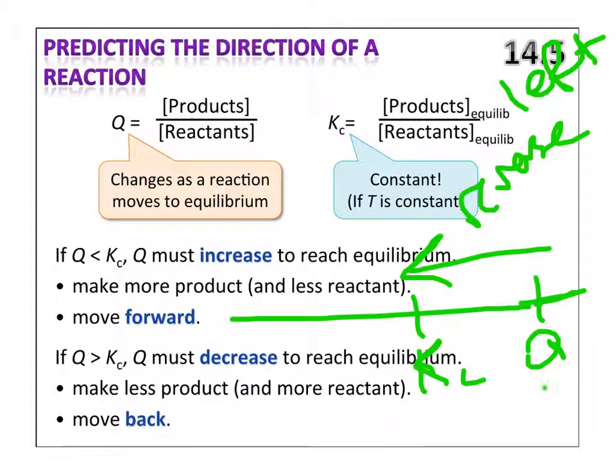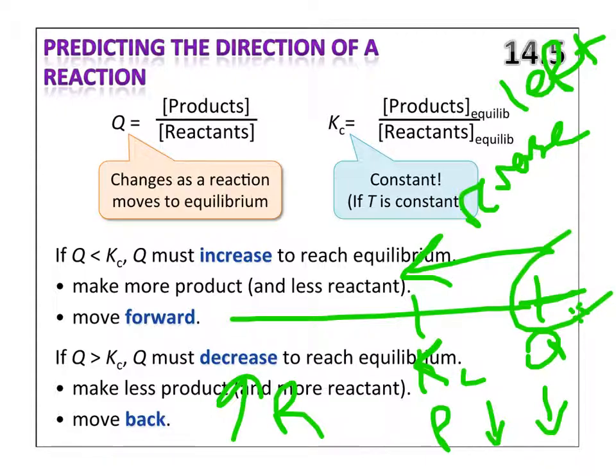So we are decreasing Q, which means we are decreasing our products and increasing our reactants. Because currently, if Q stays over here, there are more products than reactants, so it's product favored right now. But it's not at equilibrium. So we get it to the equilibrium stage right there, and decrease the products to give us an increase in the concentration of reactants, and that's how you do it.